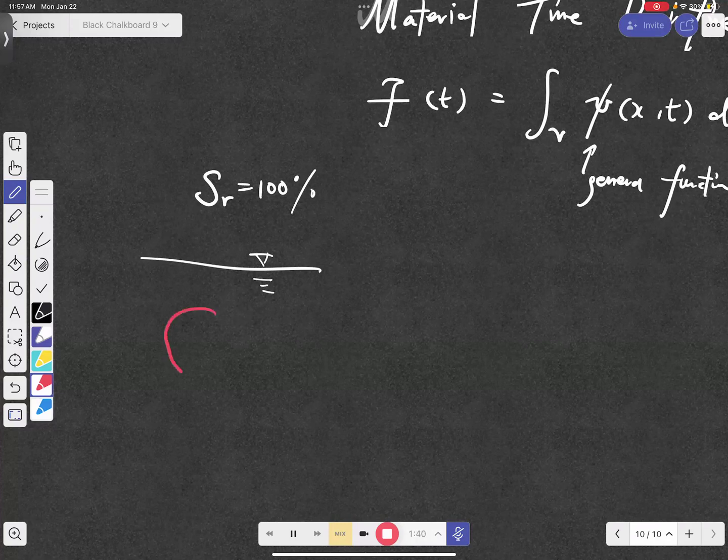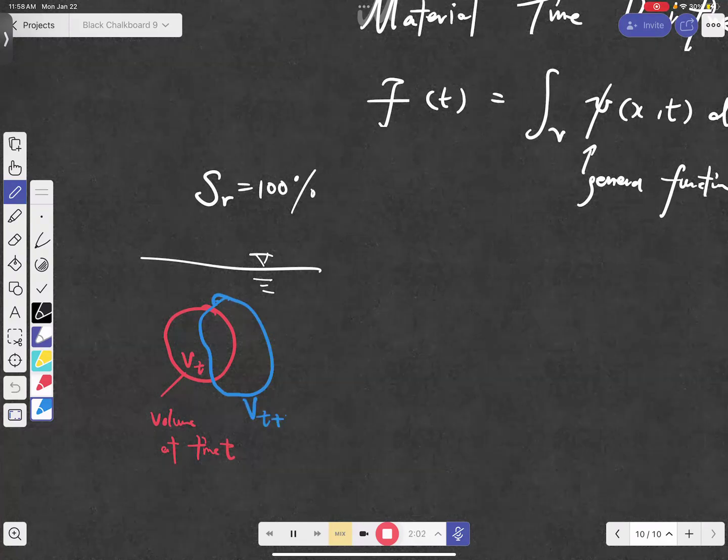In this case, at time t, we have V_t. Okay, so this is the volume at time t. Now, if you observe it after a while, I have this new shape, and then there's a volume at t plus delta t. Does that make sense?